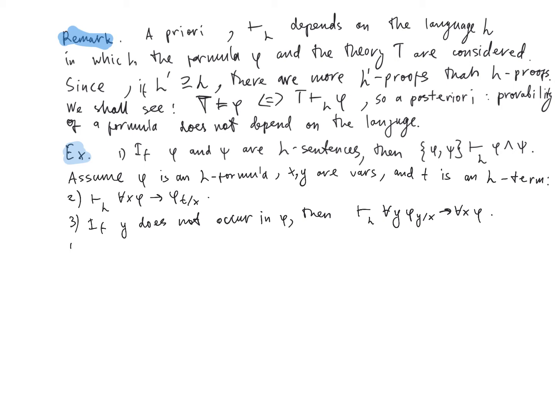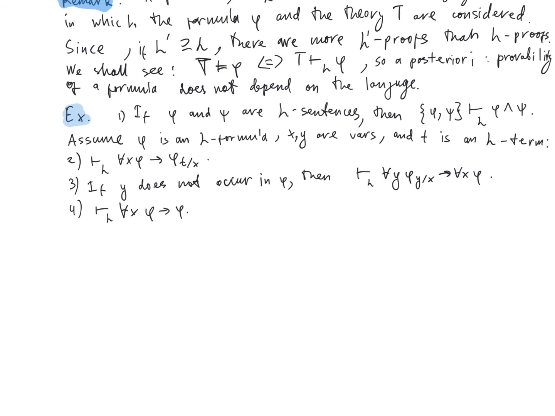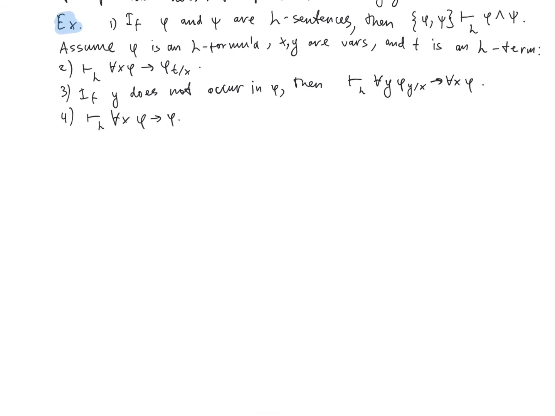And finally, 4, we have that the formula for all x phi implies phi is formally provable. Let's demonstrate these claims by establishing formal proofs in each of the cases.